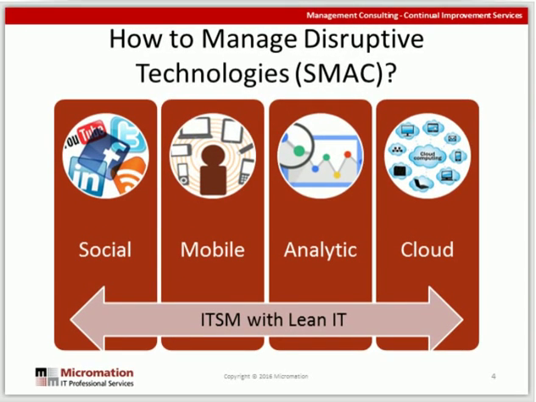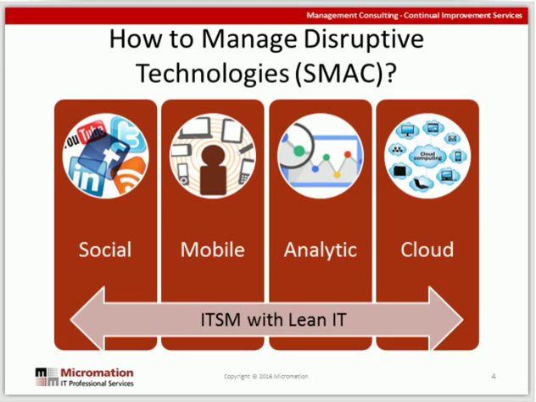So with that, I've mentioned disruptive technologies a couple of times. What are they? Basically, there are 4 that we're going to be talking about in this presentation: social, mobile, analytic, and cloud, often referred to as SMAC or the SMAC stack.